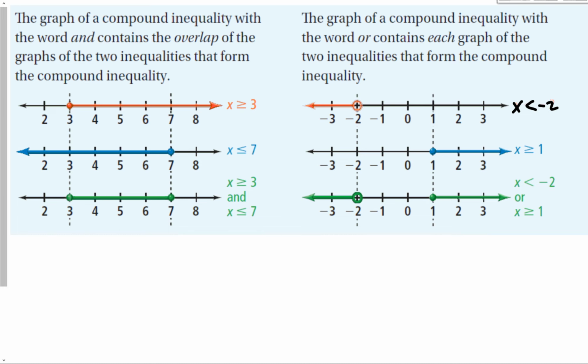That's what that means, right? One or the other doesn't mean both have to be true. One could be true or the other one could be true, as opposed to the and inequality where both must be true. So the trick is to realize whether it has an and or an or to decide what our answer is going to be.